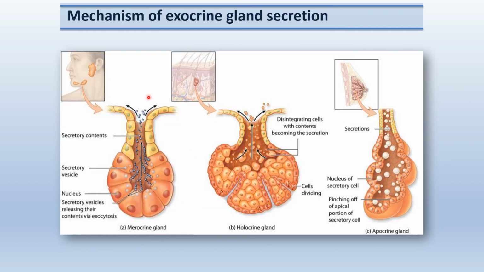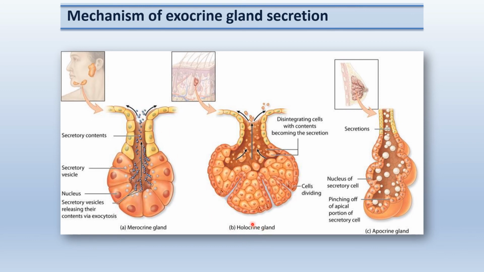This is the merocrine glands. This is the holocrine glands, and this is the apocrine glands. In the merocrine glands, you can see the secretory vesicles releasing their content via exocytosis and going to the excretory ducts.